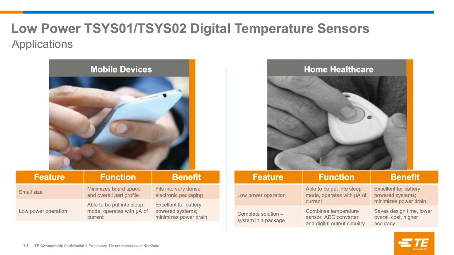To give you some applications where we do this, as I indicated, mobile devices, anything that's battery powered is sensitive to the amount of power that is supplied to all the components, and our sensors are contributing to longer battery life in many products.